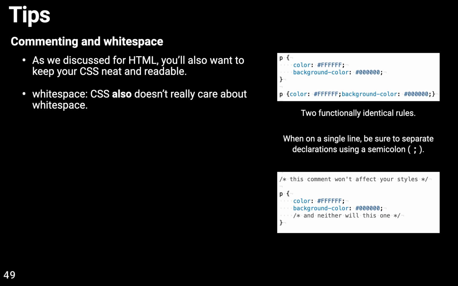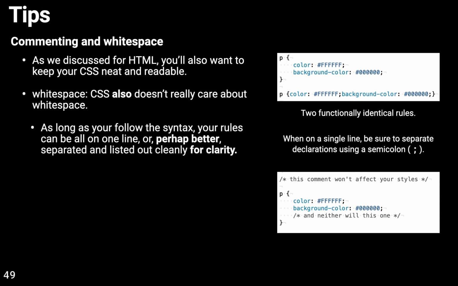You can get pretty funky with the way you organize it, as long as you follow the syntax that we discussed, right? The selector and the curly braces and all these things, your rules can all be on one line, or maybe better, and following the styles I've shown you so far, separate things out onto individual lines so it's clean and clear, right?